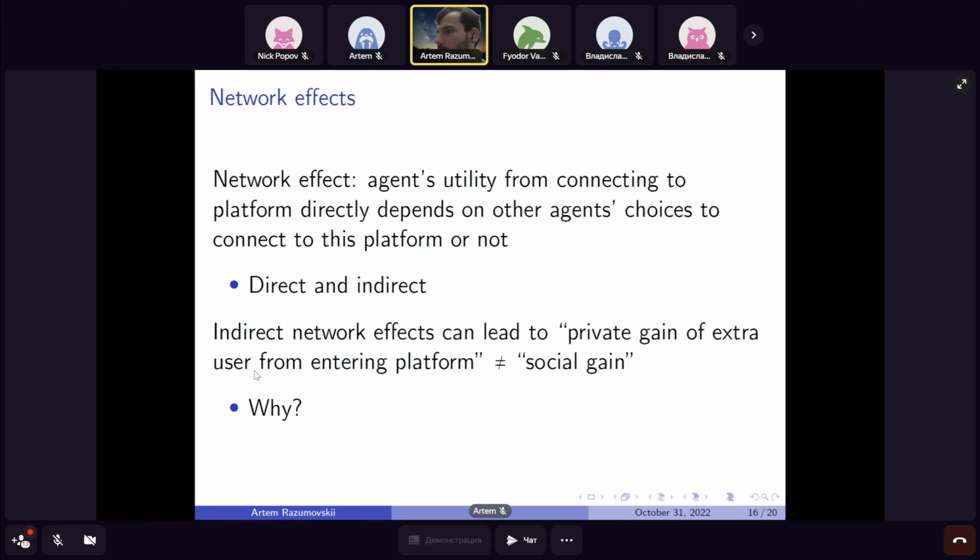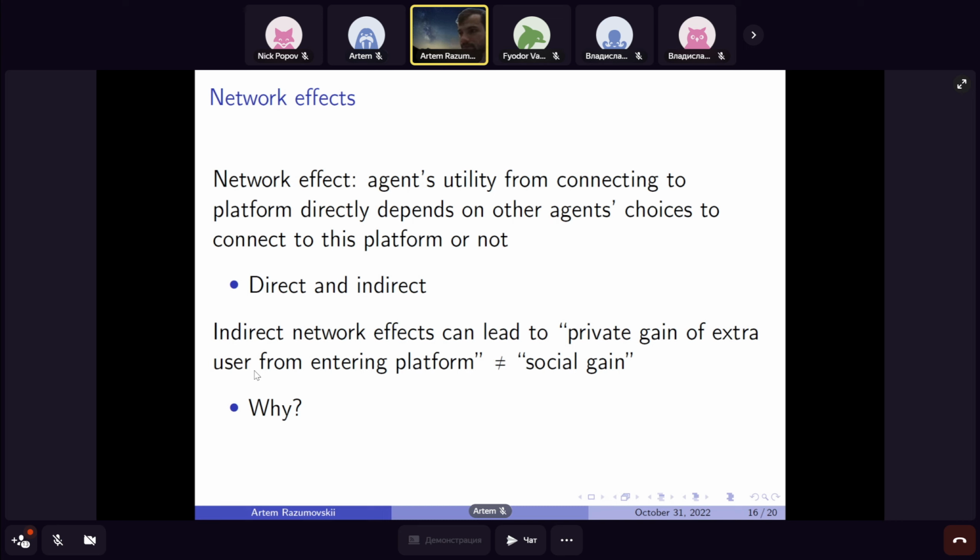We will talk about this later, a bit more precisely. Indirect network effects will lead to a private gain of extra users from entering the platform.